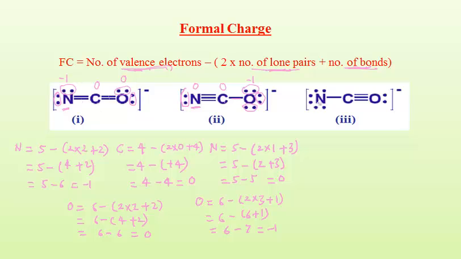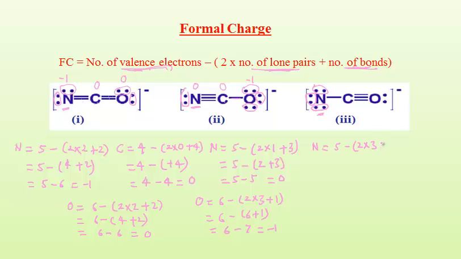Let's move on to the last resonance of cyanate ions. We calculate the formal charge over this nitrogen atom. We apply the formula. Nitrogen has 5 valence electrons, minus 2 multiplied by the number of lone pairs. This nitrogen atom has 3 lone pairs.